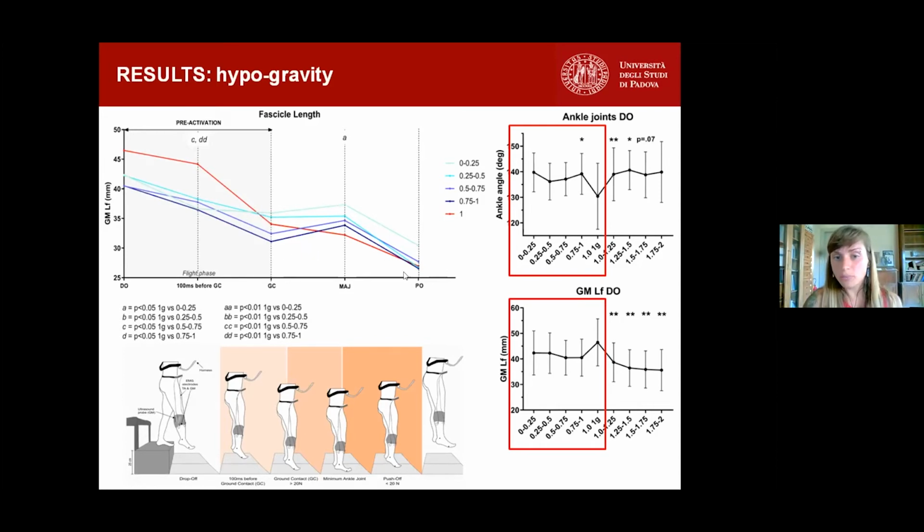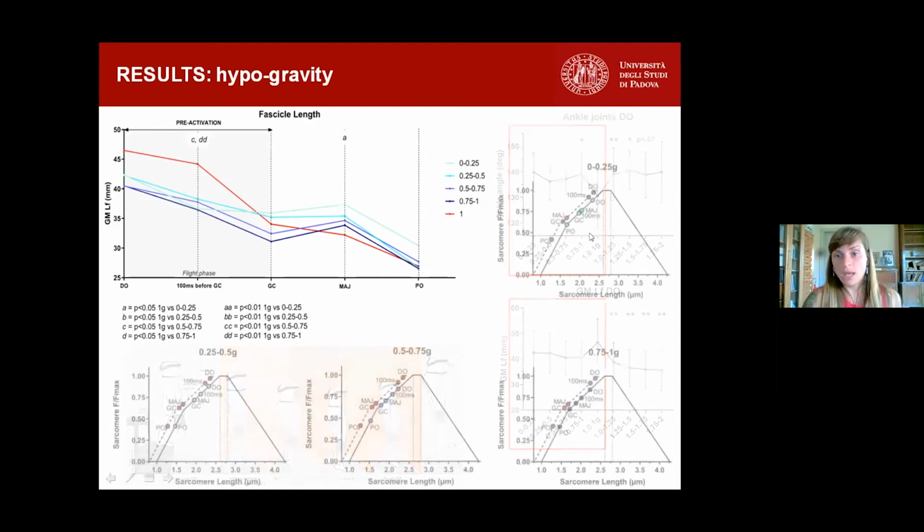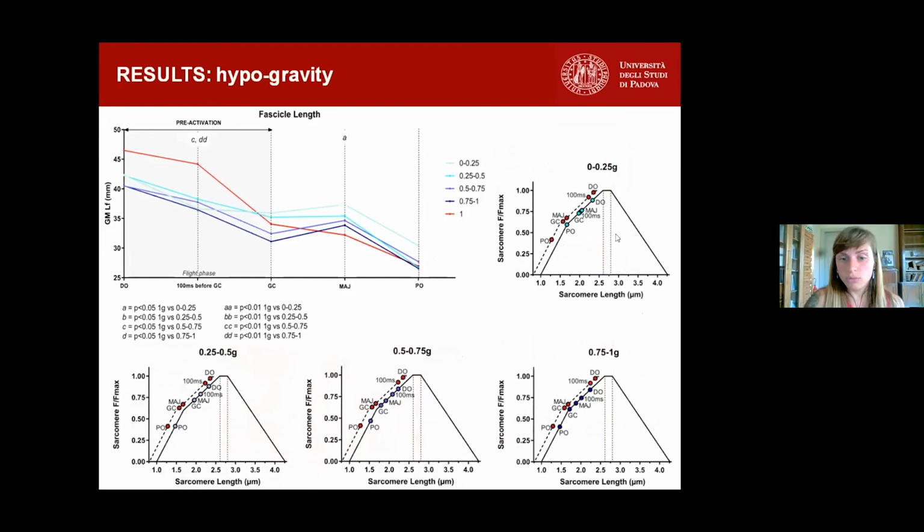However, interestingly, at push-off, all the fascicle lengths were similar to those observed in 1G, and the jump was effectively performed. This was visible also when we superimposed our sarcomere operative length on the length-tension curves. At drop-off, sarcomeres were shorter than in 1G, but at push-off, they more or less reached a similar length, excluding the lowest gravity level from 0 to 0.25 G.